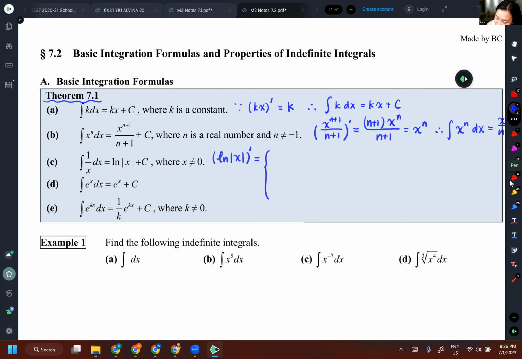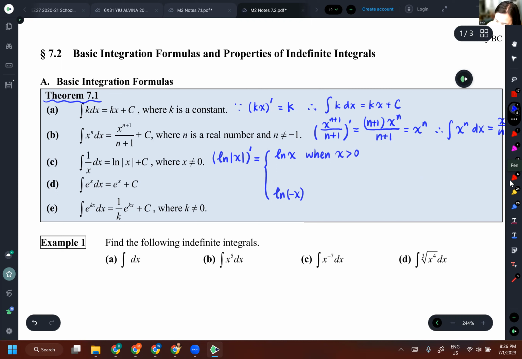I will change it to: it's equal to log x if x is bigger than 0, and it's equal to log negative x when x is smaller than 0. I hope you agree with me.